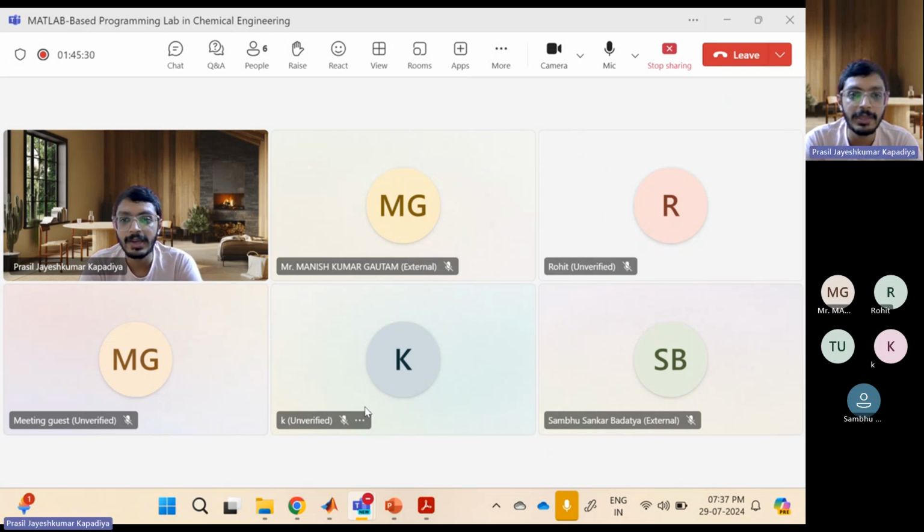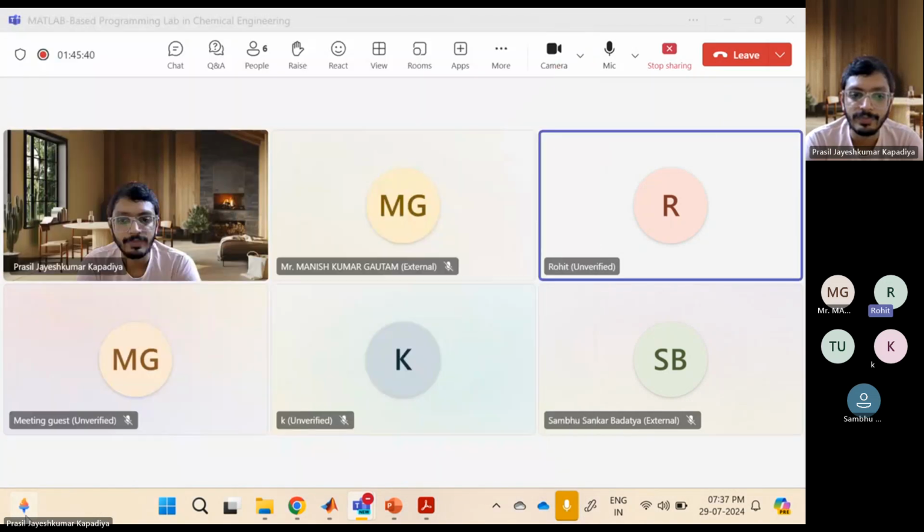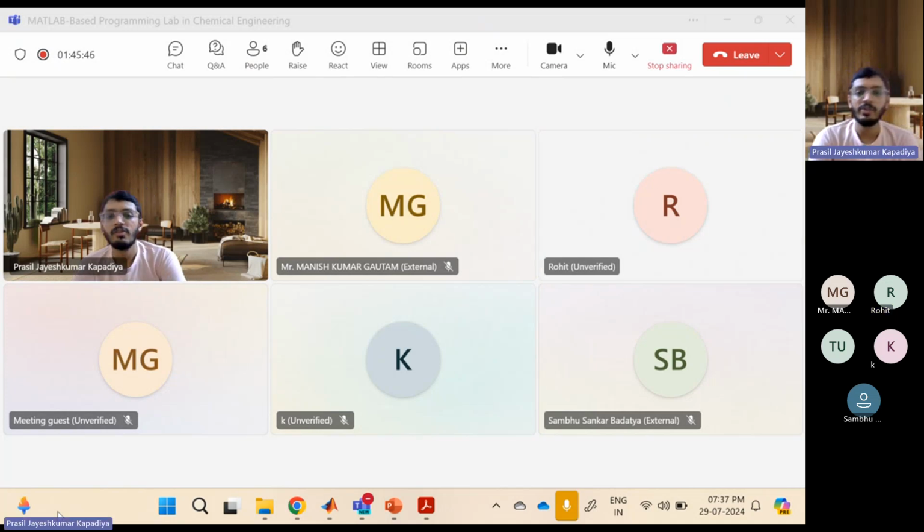What did you get as A and B? Okay, can anyone please confirm? A is 0.65 of M, 0.65 into 1250, equal to 50. Okay, whatever is the answer.